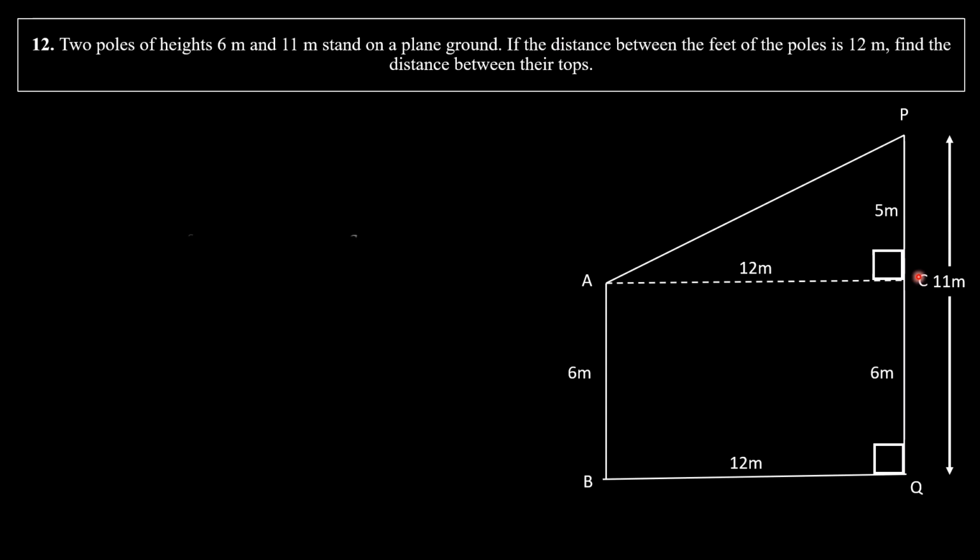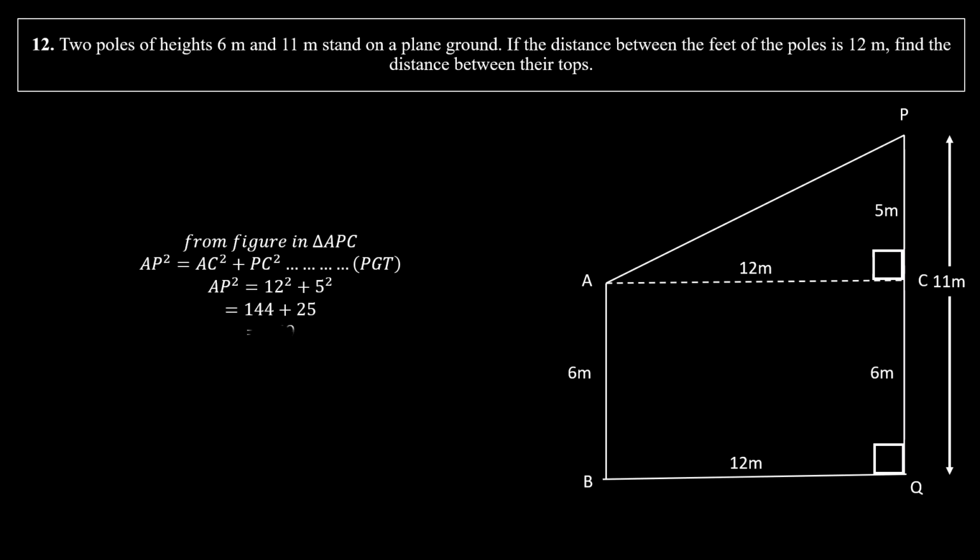Okay, so from the figure, in triangle APC, AP square is equal to AC square plus PC square. This AP square we need to find. This is equal to this square plus this square. Now solve it. AP square comes out to be, AC is 12 and PC is 5.